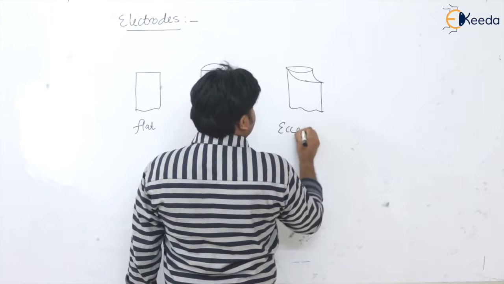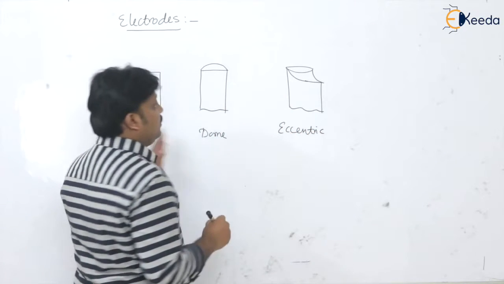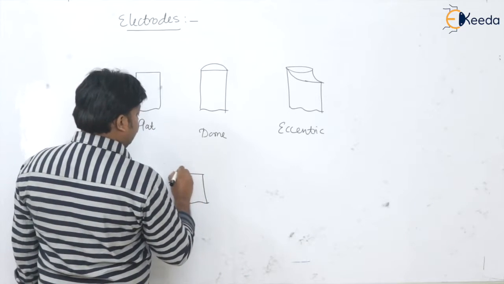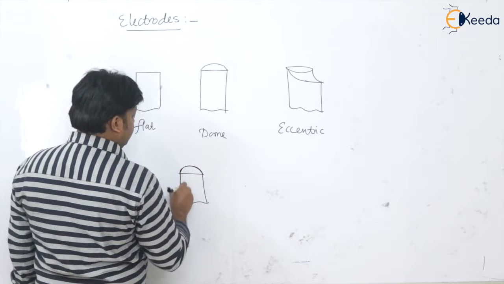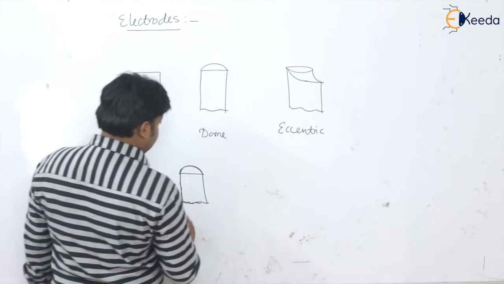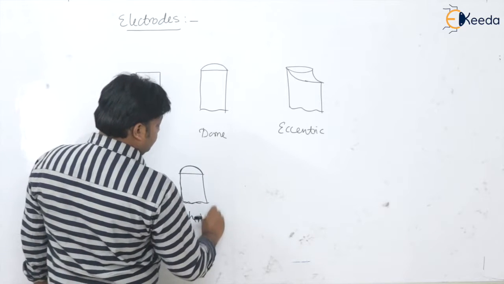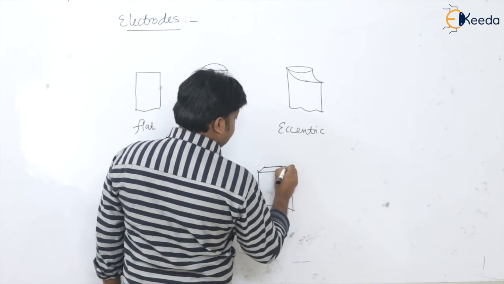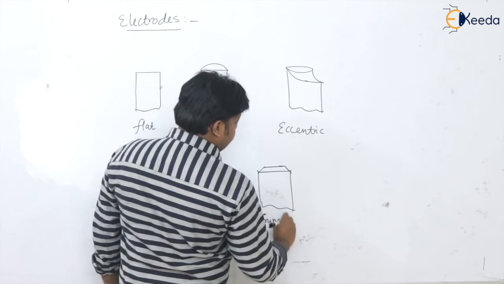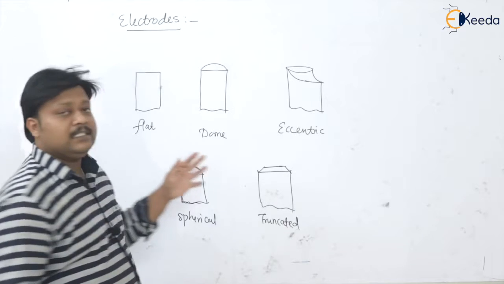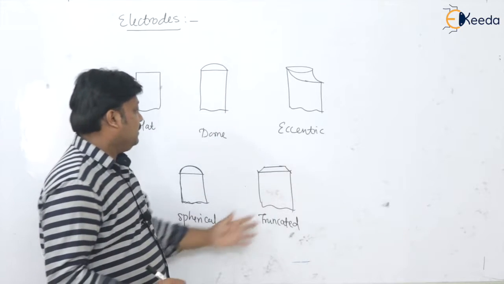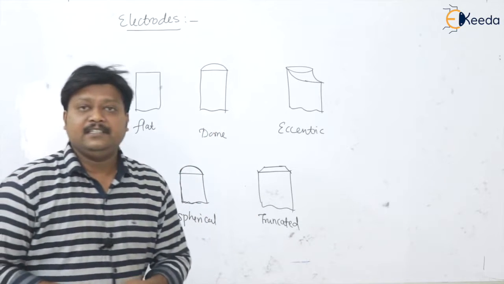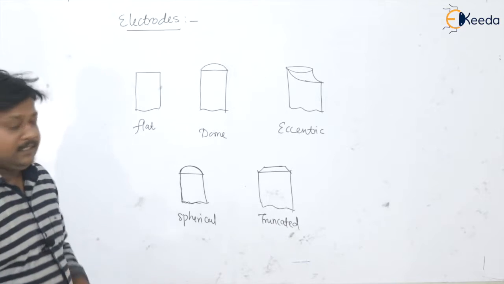Then we have the spherical. Then we can also have the truncated. So these are the various shapes of the tip of the electrode which are available: flat, dome, eccentric, spherical or truncated.